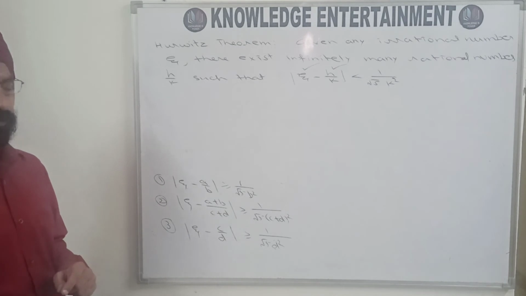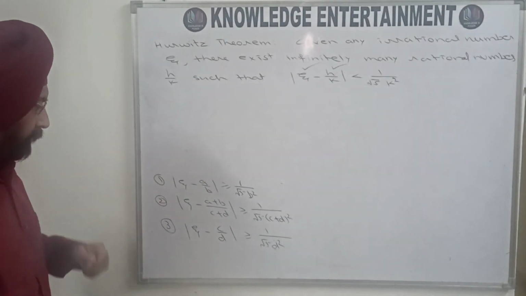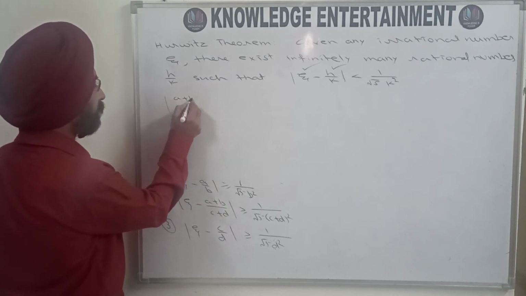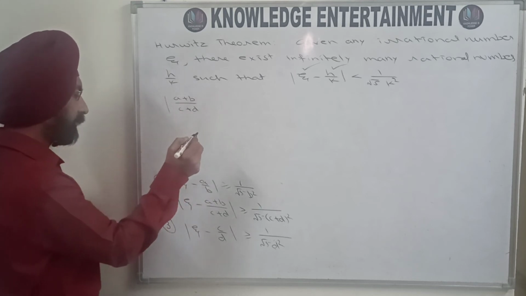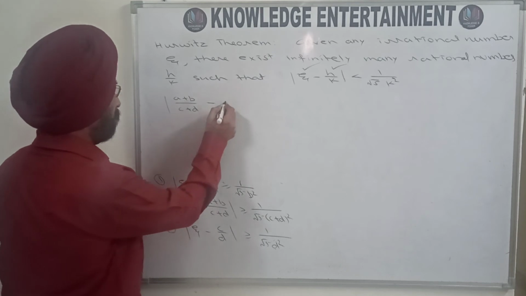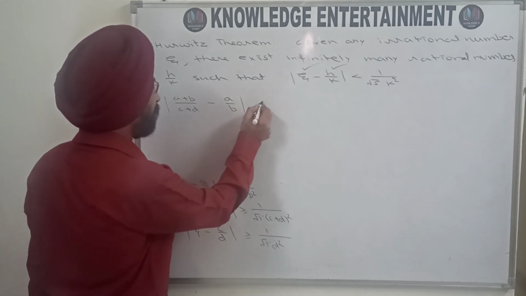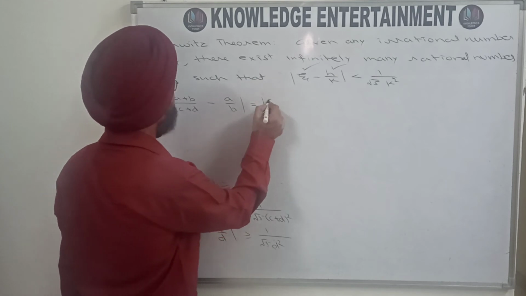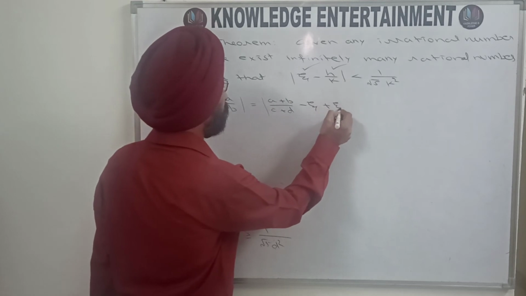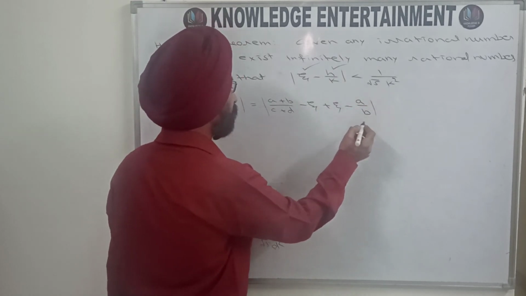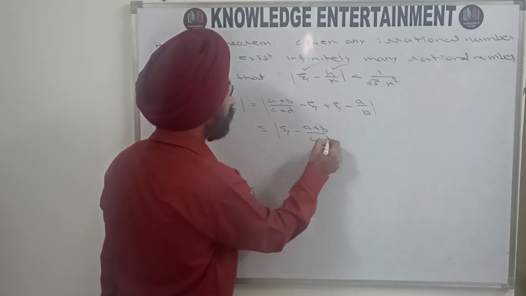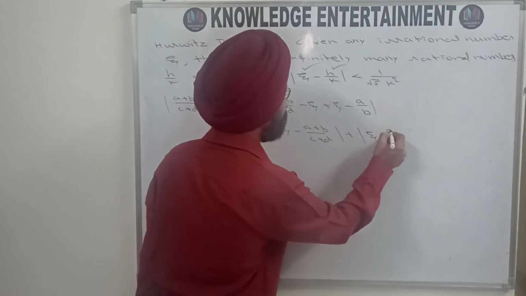From 1 and 2, mod of a plus b upon c plus d minus a upon b, you can write it as equal to a plus b upon c plus d minus xi plus xi minus a upon b, and it is less than or equal to mod of xi minus a plus b upon c plus d plus mod of xi minus a upon b.